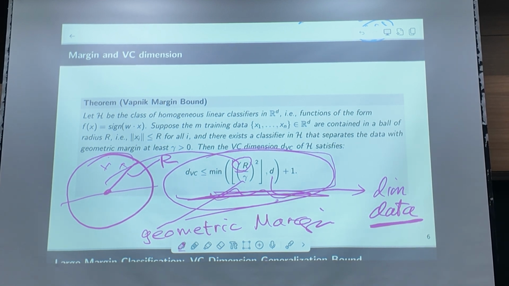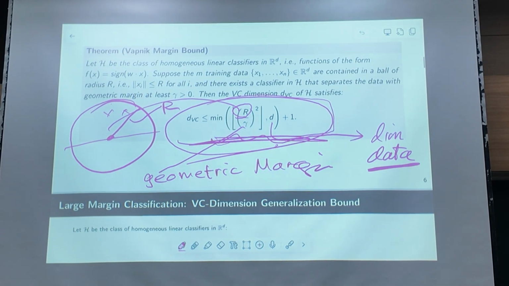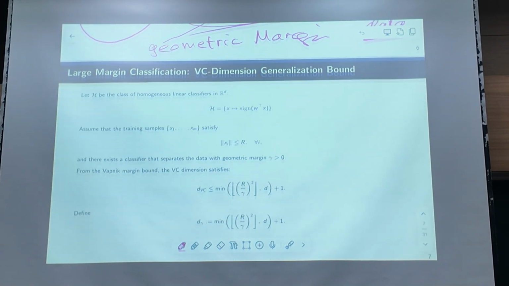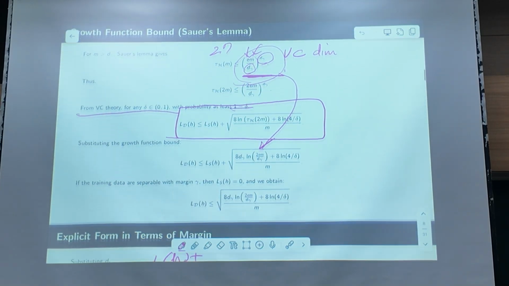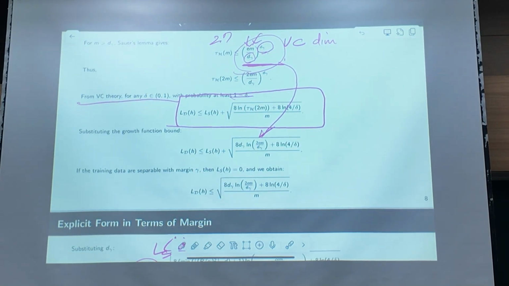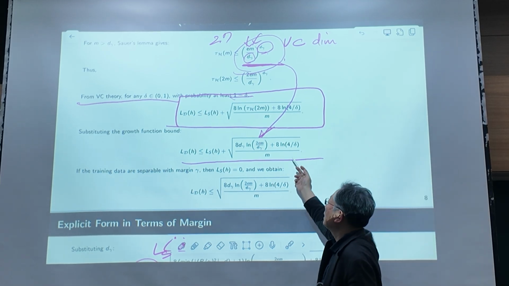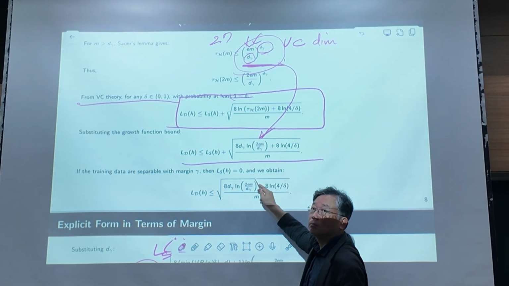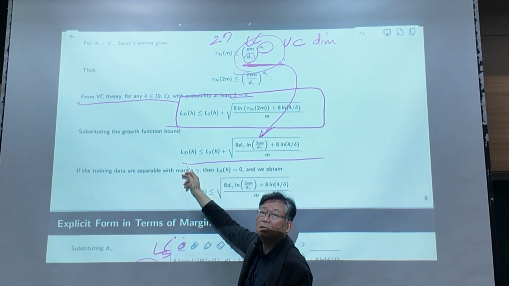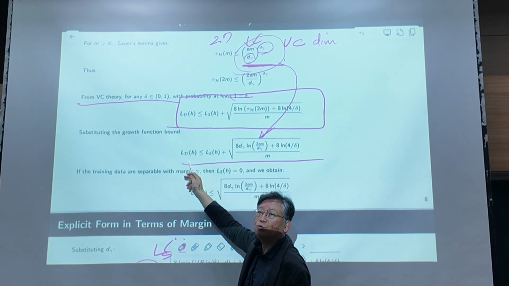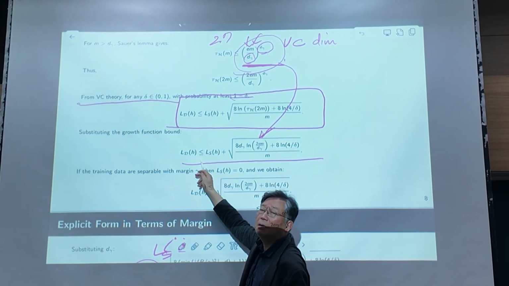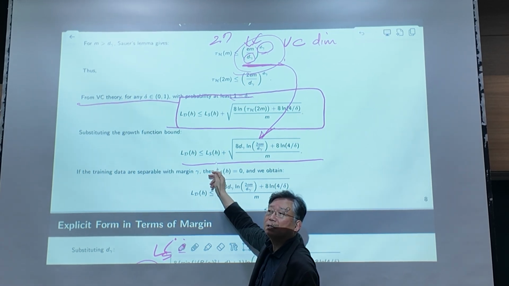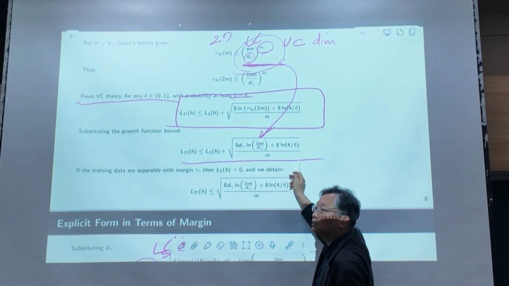And we can see that we can plug this value into our VC theory. Okay, that's what I've done right here. And we see that this value, the test error or the true risk, is bounded above by the empirical risk with some confidence interval.